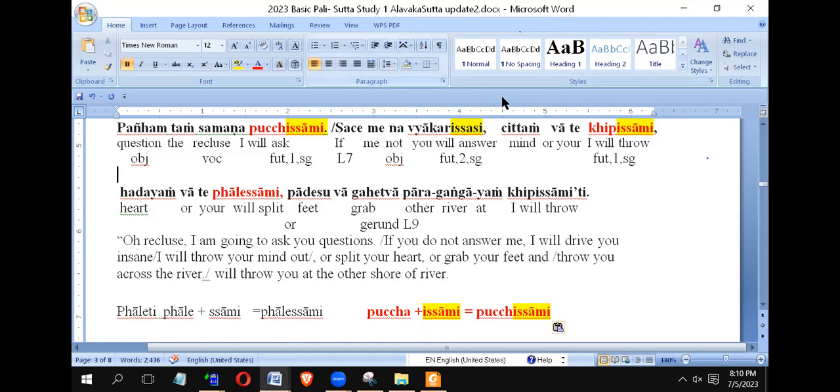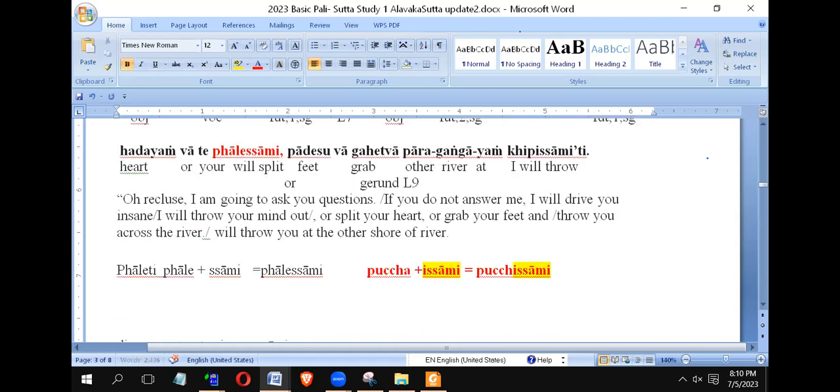Yes? Pateti, patati and pateti. It's the same meaning, fall, but use A, first Pateti? Conjugation. Pateti, fall. Patati, I only know Patati. Yes. And pateti, P-A-T-E-T-I.